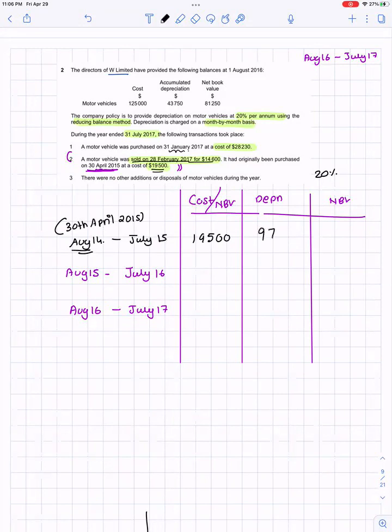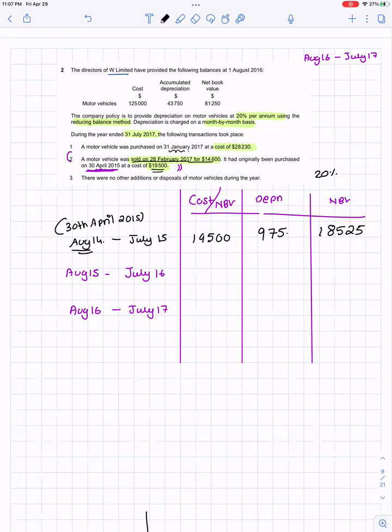What is the depreciation? Net book value? $18,525. Are you all with me?